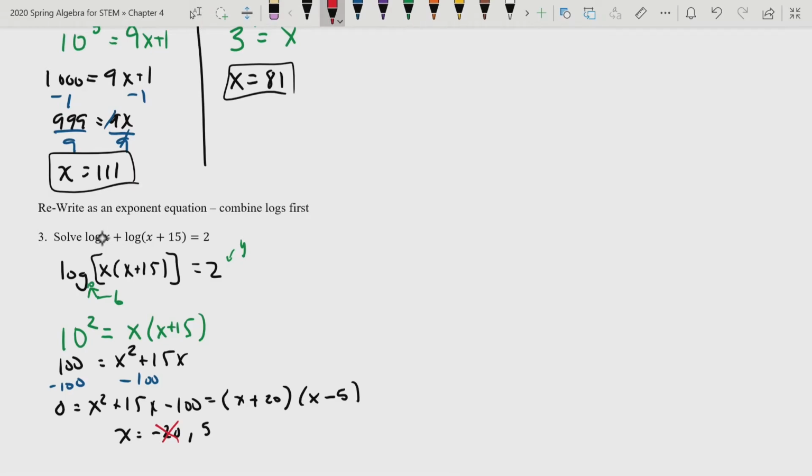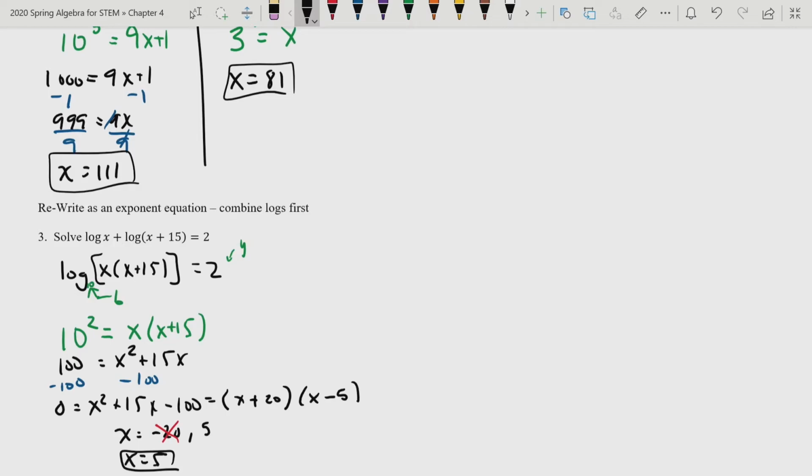If you plug in the 5, you're okay. Log of 5, and then the log of 5 plus 15, that's the log of 20, so that's okay. So the solution here is x equals 5. So when you're dealing with logarithmic equations, make sure you check your answers.